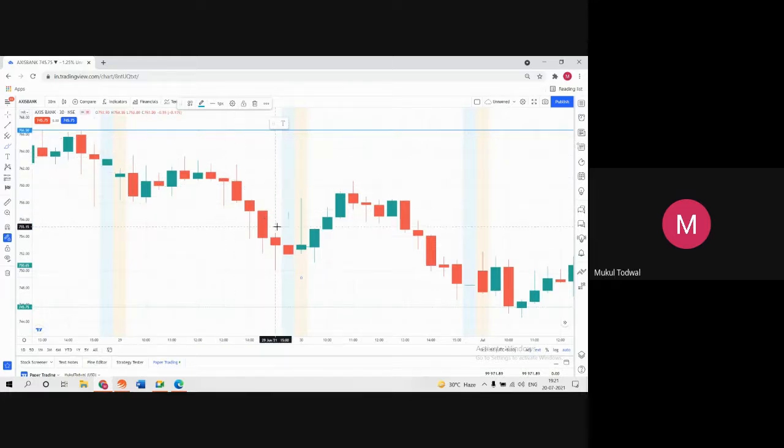It has gone down, gone down, gone down. Now this candle has formed, where the upper tail of the candle is way bigger than the real body of the candle. This is known as an inverted hammer.